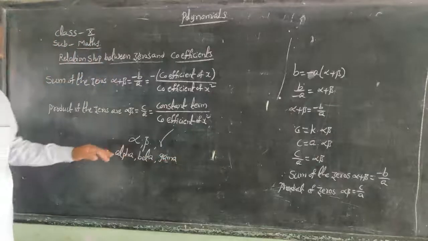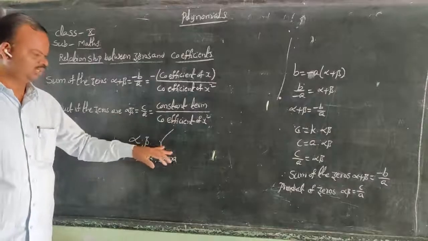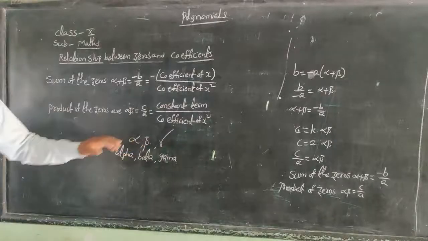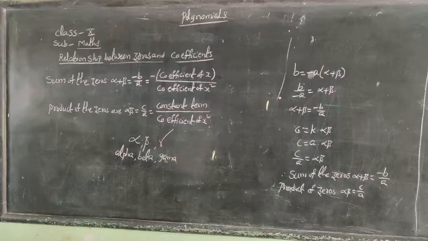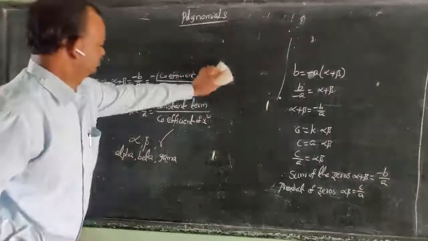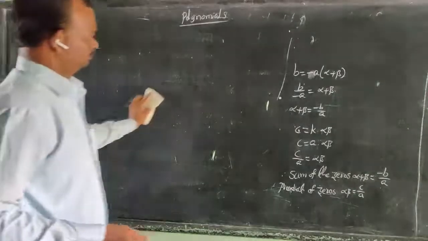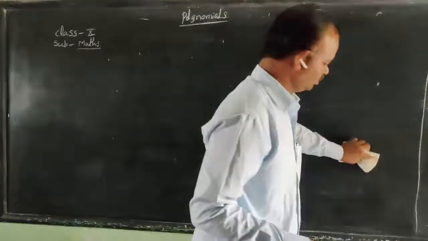Greek letters alpha, beta, gamma. We will use gamma in the next sums or next classes. Next, page number 62, do this.